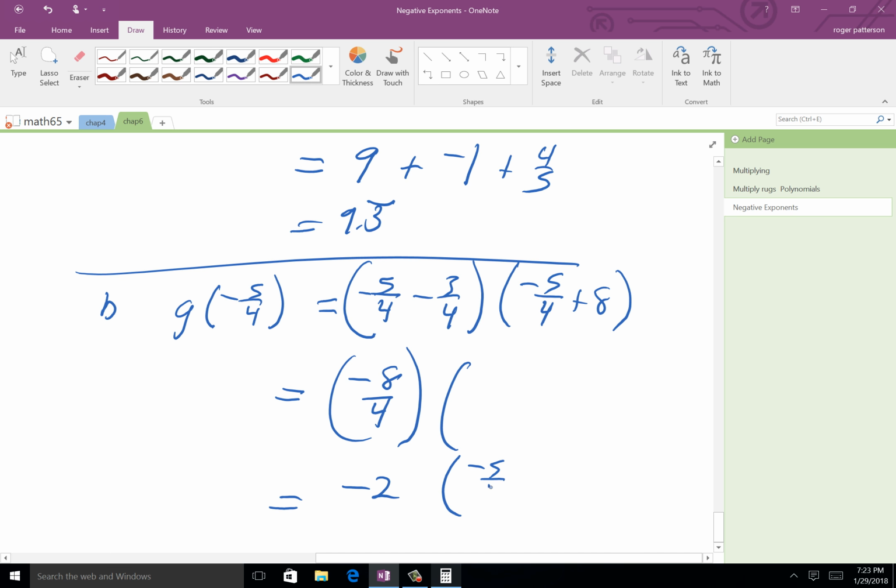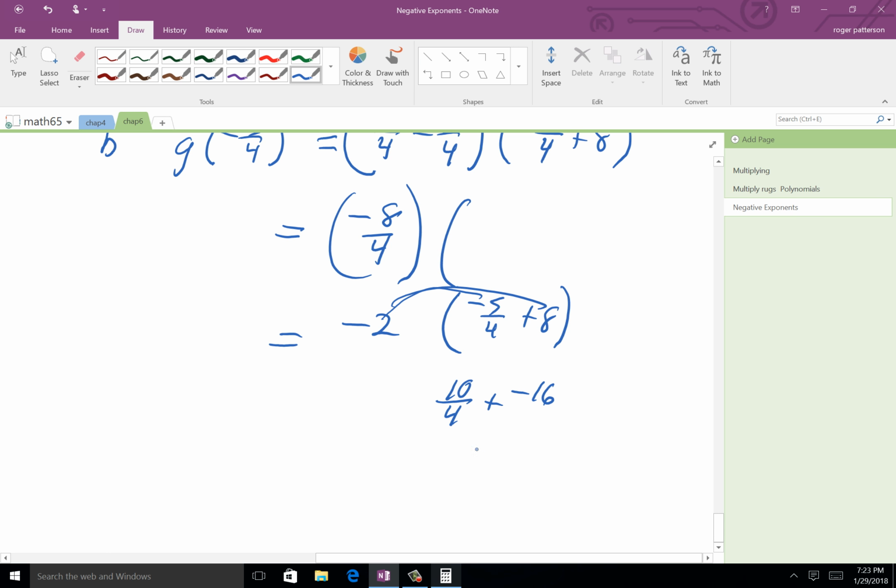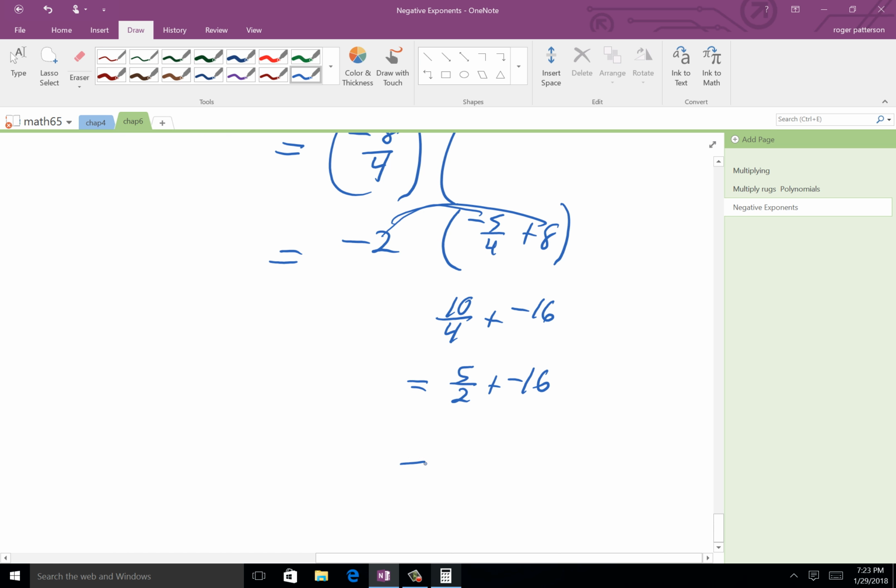Then I'm going to have a negative 5/4 plus 8 here. Okay, I guess I could actually figure out what 8 plus negative 5/4 is, but I could also distribute this 2 inside. So that gives me 10/4 plus a negative 16. That's going to reduce though. So this is going to be 2.5 and a negative 16. So I'm going to get negative 13.5 there.